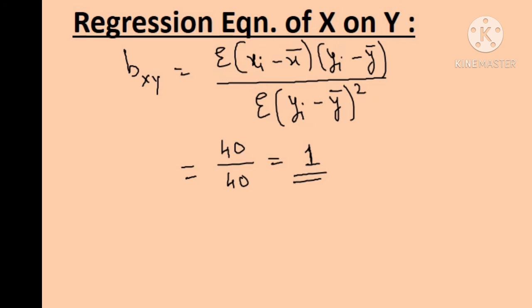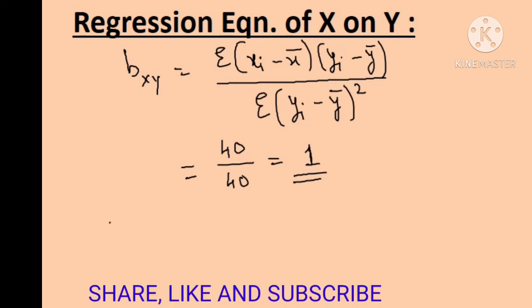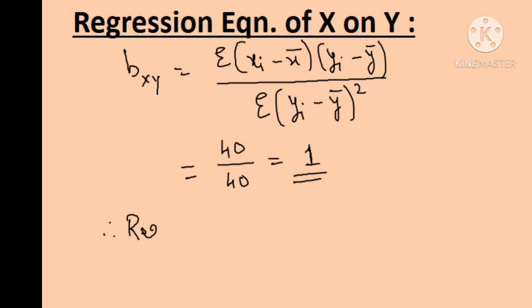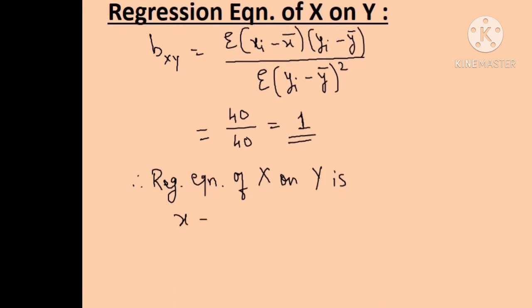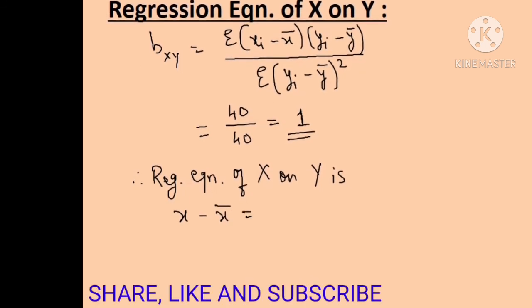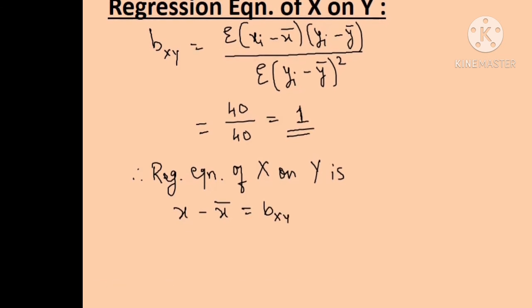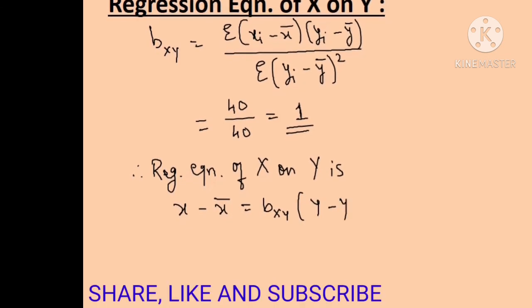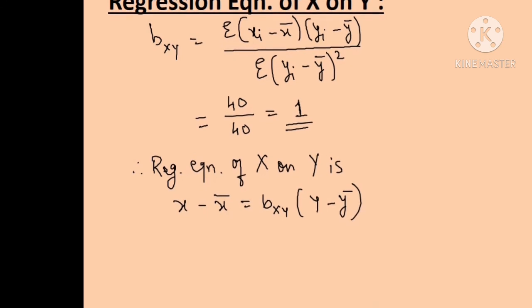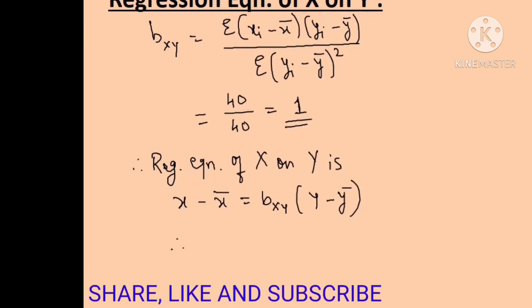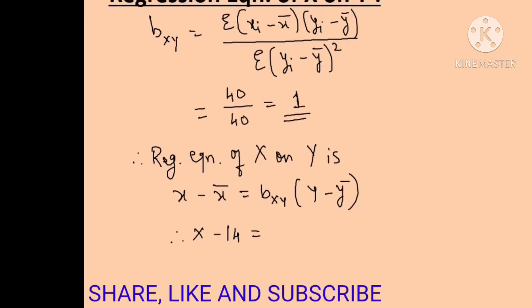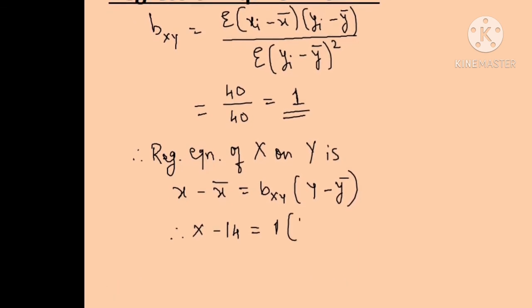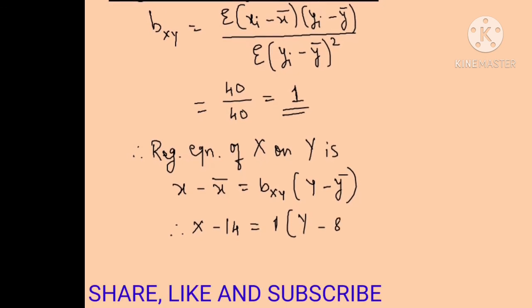Now let us calculate the regression equation. Therefore, regression equation of x on y: x minus x bar is equal to bxy into y minus y bar. So now let us substitute the values. Therefore you get x minus 14, bxy we have got 1, y minus 8.